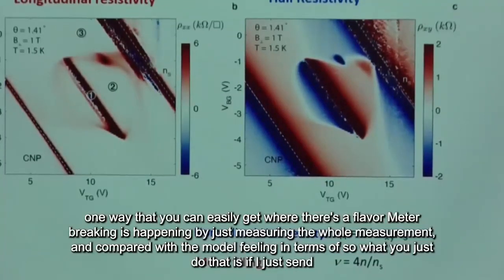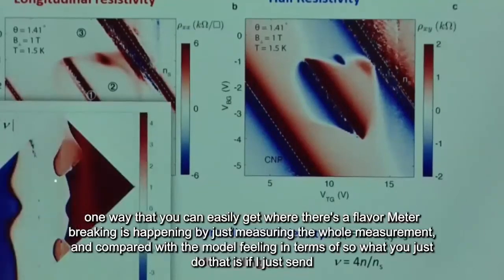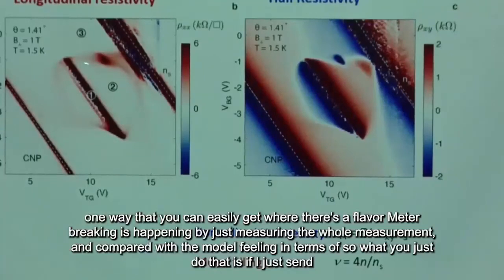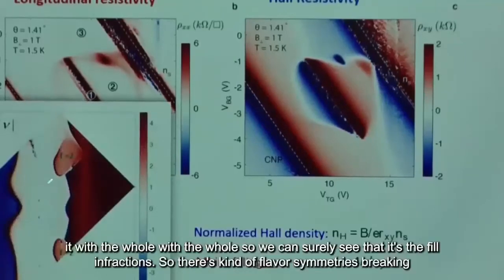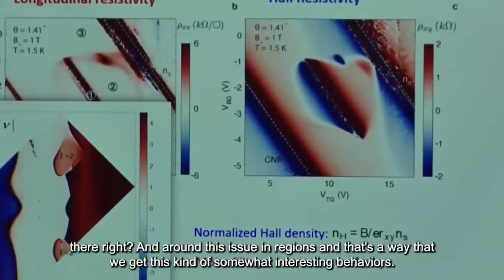So if I plot out this field band number with the Hall resistivity, around this halo surrounding the spin polarized states, you can surely see that the field band number is equal to 2. So there is flavor symmetry breaking there, right?